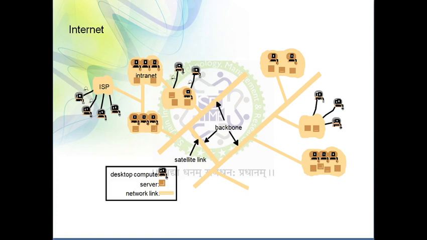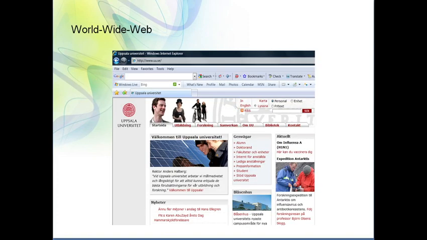Satellite links, backbones, internet service providers, intranets, desktop computers, servers, and network links all make up the internet. The World Wide Web has web pages with various links connected together, each connected to other webs, which also have various links.